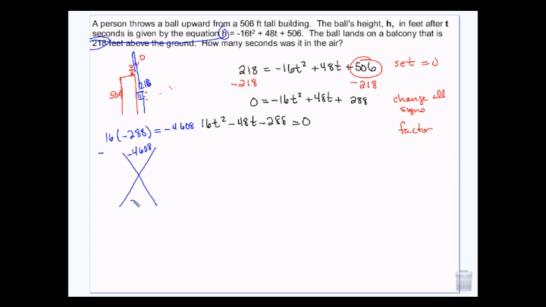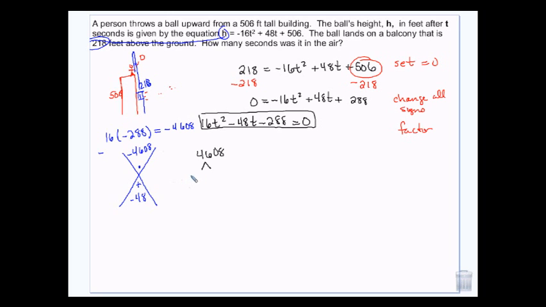And when I add them, I get negative 48. Go. No? All right. We're going to hold this aside for a second, and we're going to use this space down here to make our factor tree of 4608 and then determine what we can combine to get that difference.